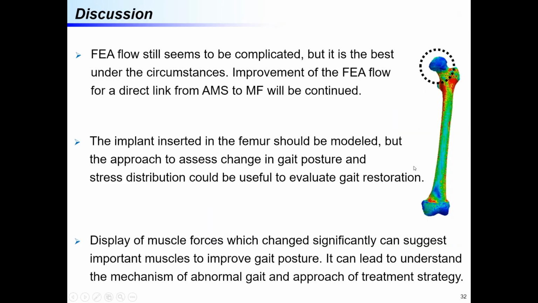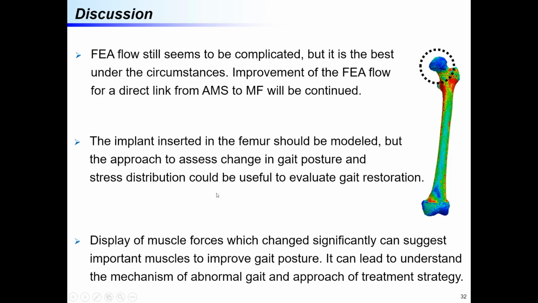Okay, let me move on to the discussion slide. FEA flow still seems to be complicated, but it is the best under the circumstances. Improvement of the FEA flow for a direct link from AnyBody to Mechanical Finder will be continued.